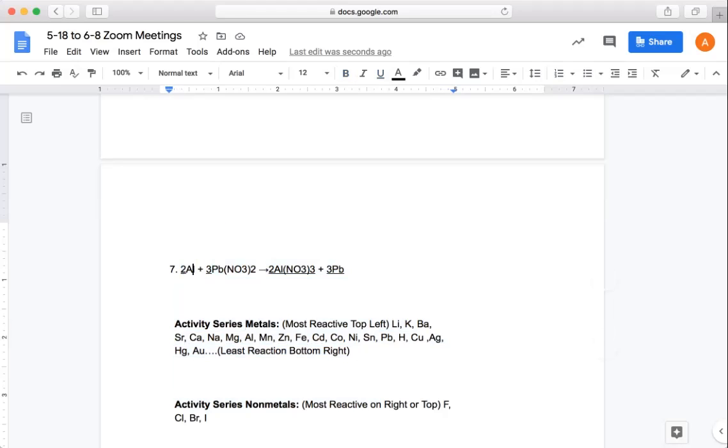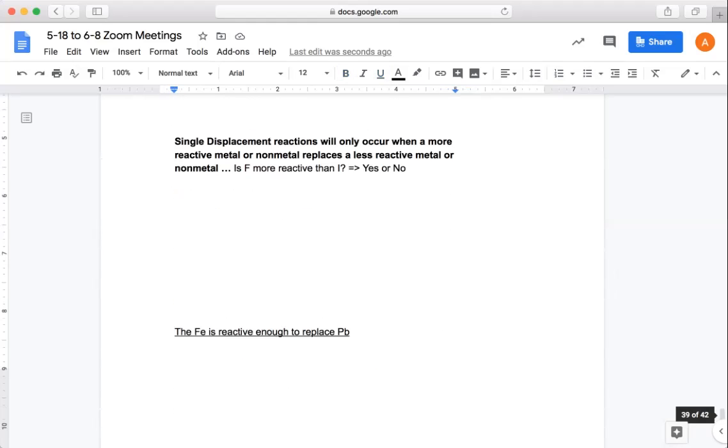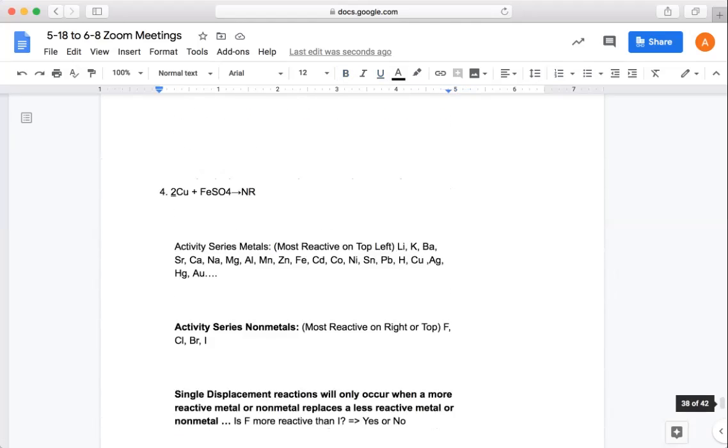In this case, you're comparing two metals, aluminum and lead. And you're always comparing the non-bonded metal to a bonded metal, or a non-bonded nonmetal to a bonded nonmetal.